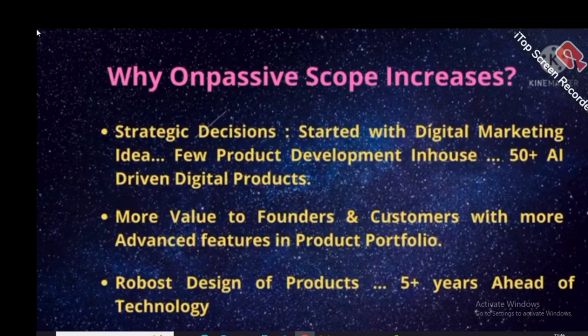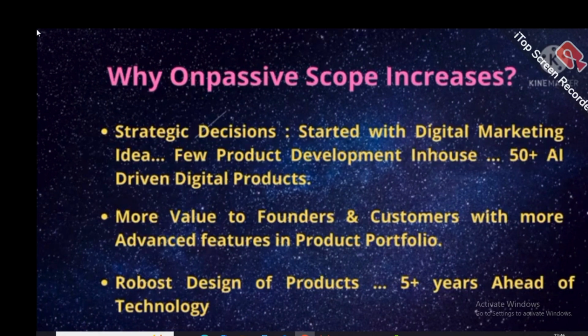About ONPASSIVE, why did the ONPASSIVE scope increase? Why has it taken more time? My dear friend, there were strategic decisions. When ONPASSIVE started, it started with the concept that it would do digital marketing, and the product would be developed by a third party.